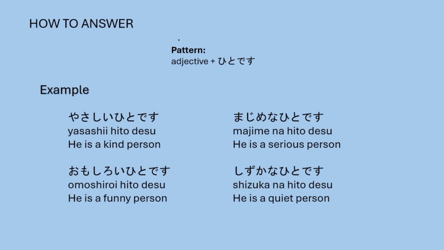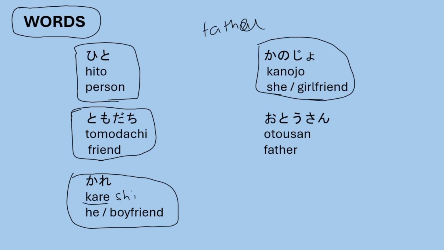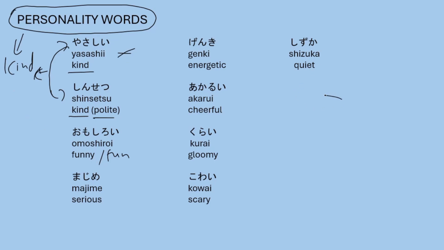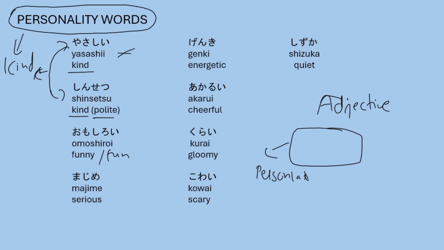So how can a person answer it? First we add an adjective. An adjective shows a trait of a noun, a word which shows some kind of personality or some kind of trait related to a thing.